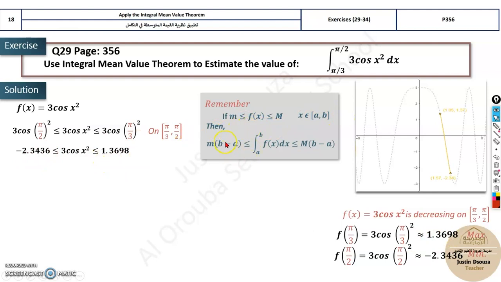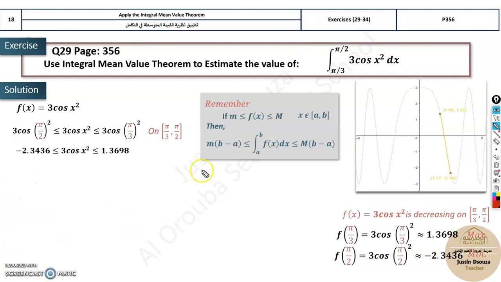Now to solve this, you need to apply this formula. Whatever the function is given, substitute the limits, and these are the values. Now multiply it with the difference of the upper limit and the lower limit.